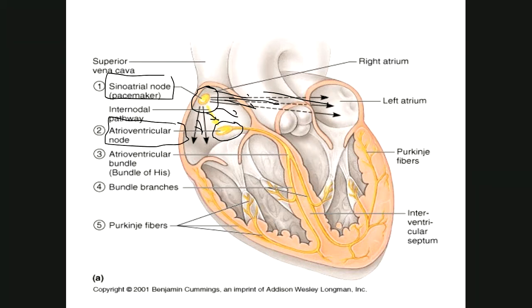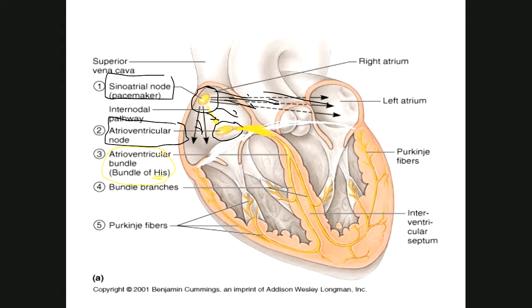Here's our connective tissue right here. All this is where the connective tissue is. So we're going to have to cross over this connective tissue. And what crosses over is this. It's called the AV bundle. And it's like a bridge that crosses this connective tissue. The AV bundle. Sometimes it's called the bundle of His.